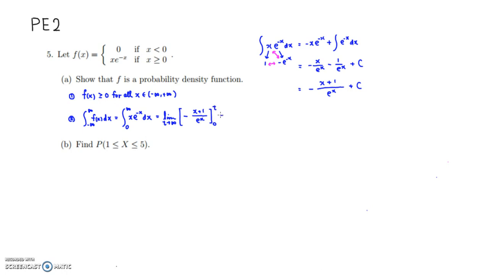We still have to evaluate the limit; we'll take care of that later. Then we plug in t: negative t plus 1 over e to the t, minus, there's a negative sign, so it's plus, and plug in 0. So it's going to be 1 over e to the 0, which is just 1.